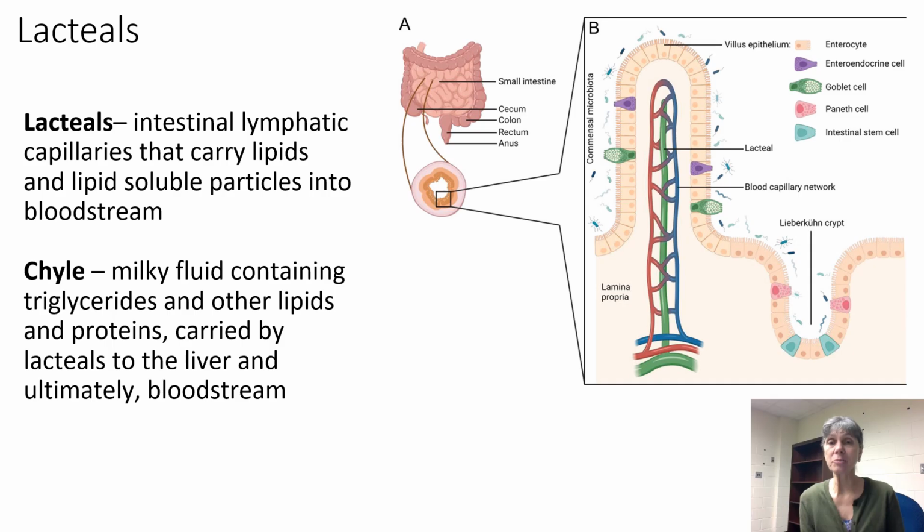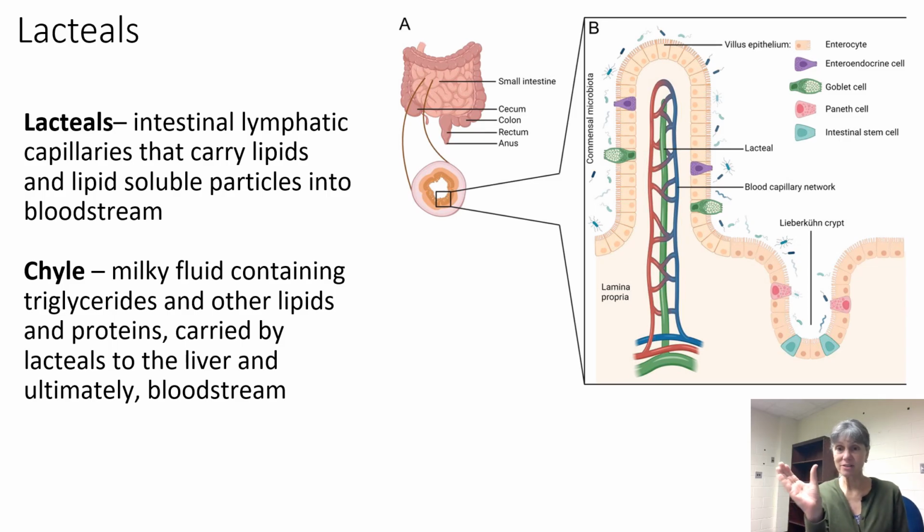If we look at this particular picture, you'll notice that there is a blood capillary network surrounding a lacteal, which is a closed-end lymphatic capillary, and that's seen in this villus. There is an intestinal villus, which is a finger-like projection, and you can see that in B in this picture.